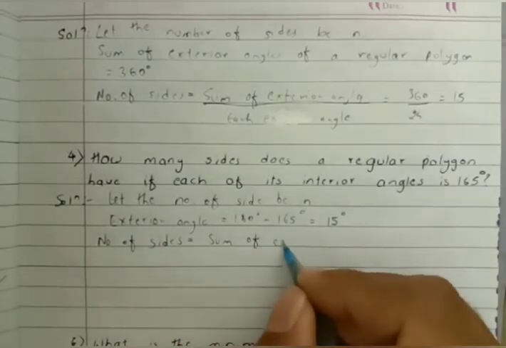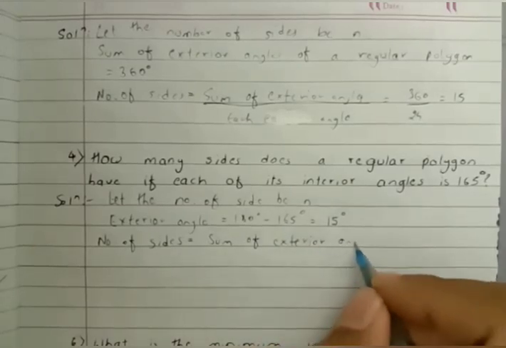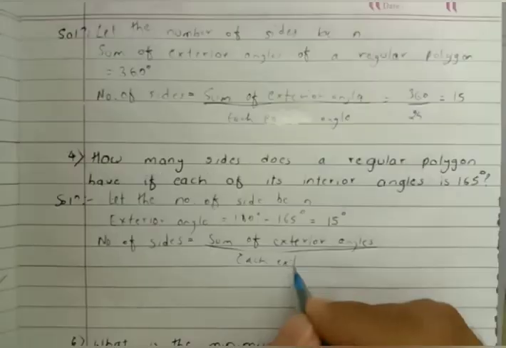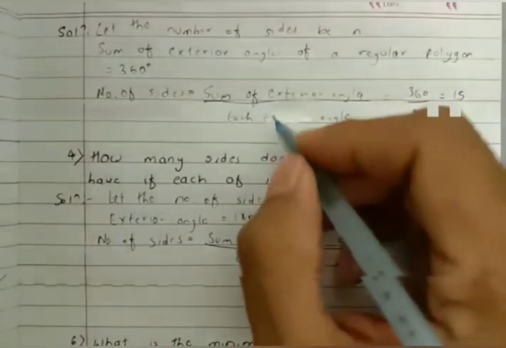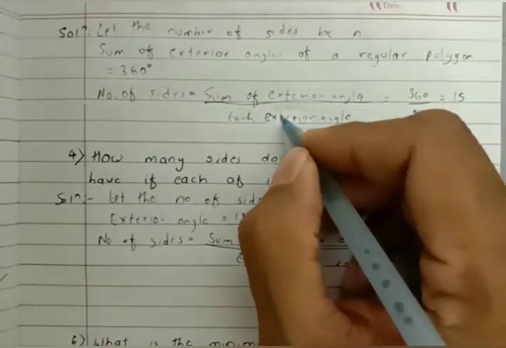It is number of sides equal to 360 degrees divided by each exterior angle. There I had made a mistake, I wrote it interior.